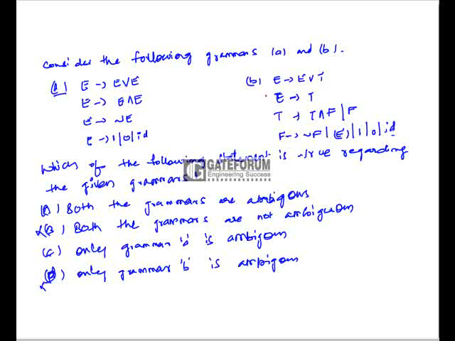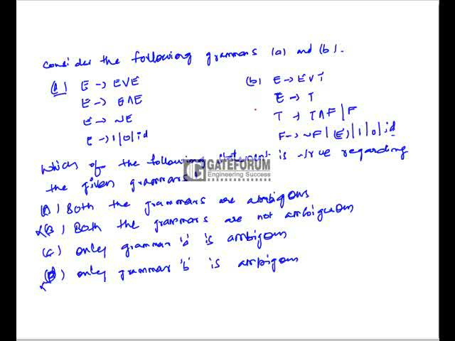If we try to derive any string from grammar B, we get a unique leftmost or unique rightmost derivation. So we can say that grammar B is not ambiguous. Whenever we get more than one rightmost or leftmost derivation for one particular string, we can say that the grammar is ambiguous. But for grammar B, any string will have only one leftmost or rightmost derivation.